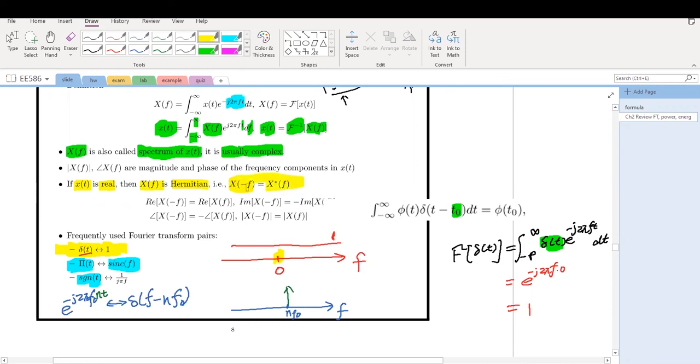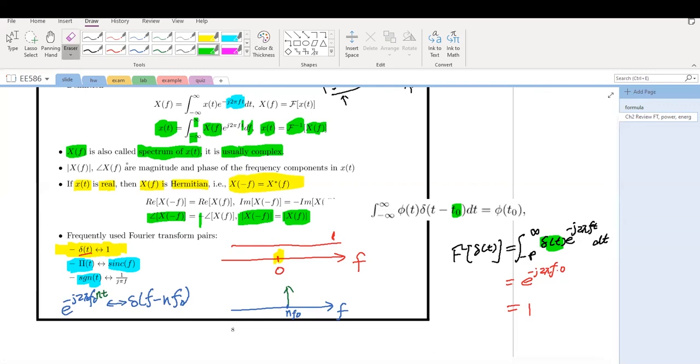If we convert this property to angle and magnitude, it means that the magnitude is symmetric along the y-axis, and the angle is anti-symmetric because of this negative sign here.